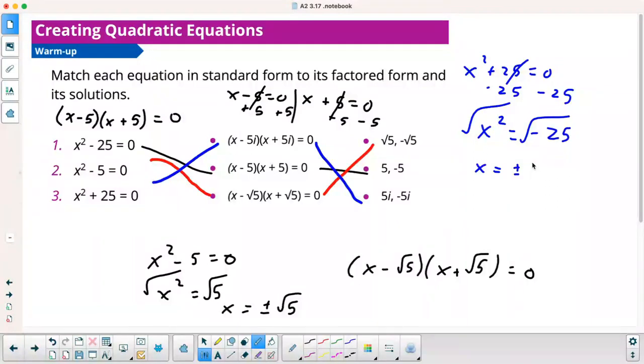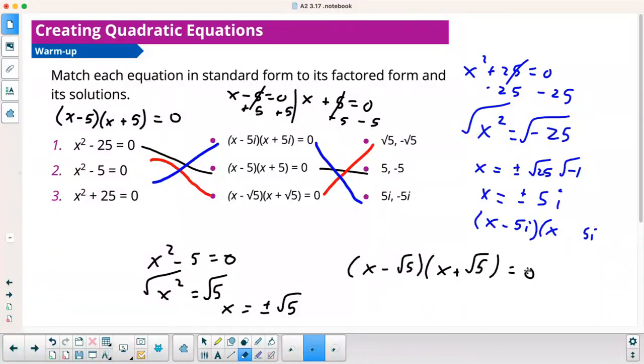The square root of 25 is 5, but when you have this negative here, you've got to remember it's really the square root of 25 times the square root of negative 1, and you've got to know the square root of negative 1 is i. Okay, so that's these ones, and then we just do x minus 5i, and then x minus negative 5i. So a double negative there is going to turn into a plus. So that's how we get those answers there.